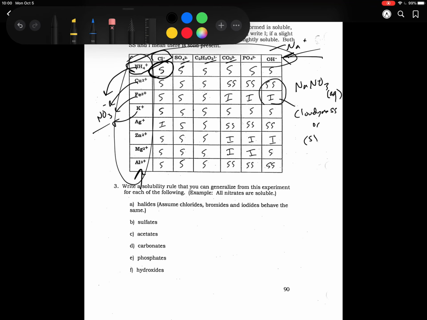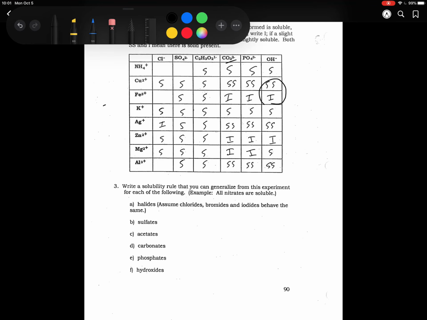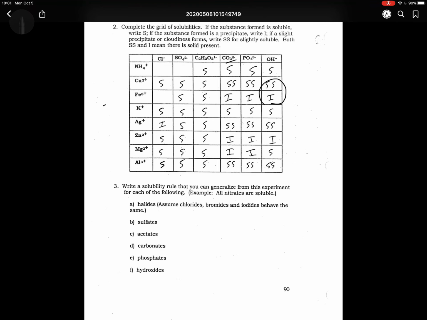So just to give you, oops, erased too much. I think that was an S. So if we look at, oh man, I did erase too much. If we look at, let's look at the rule for hydroxide. So that's for F, hydroxides. As we go down this column, it looks like for the most part we've got a solid forming, a solid forming, solid forming, solid forming, solid forming.